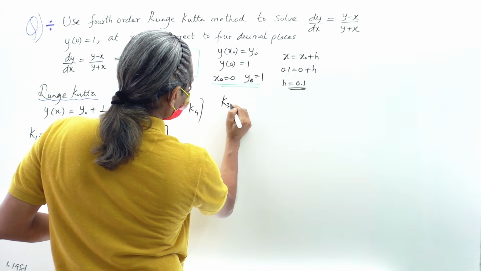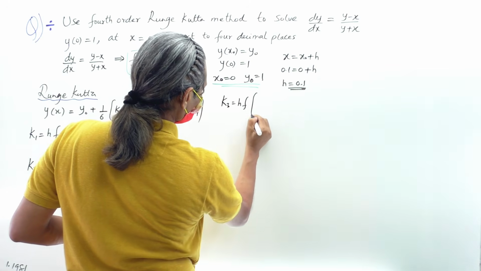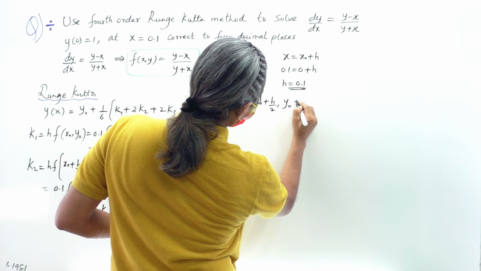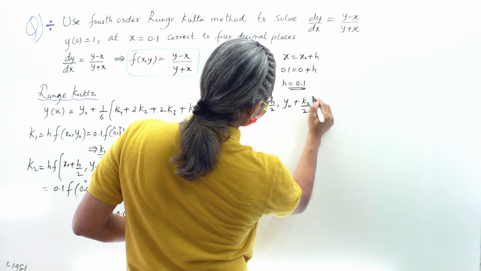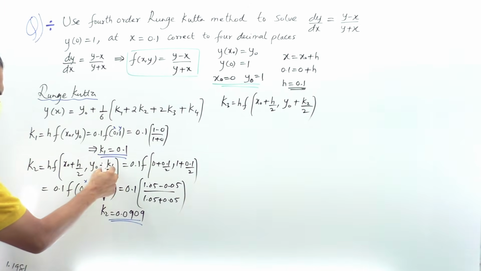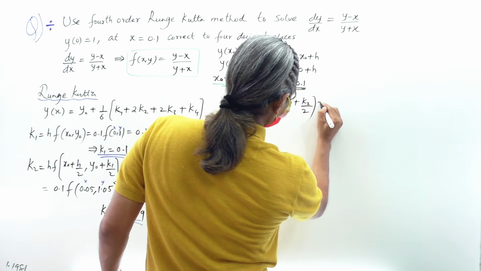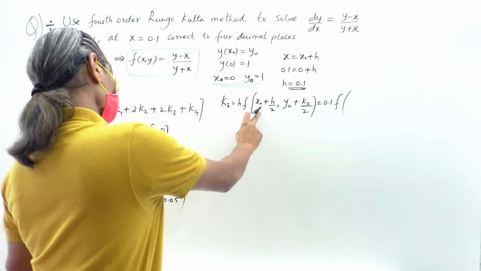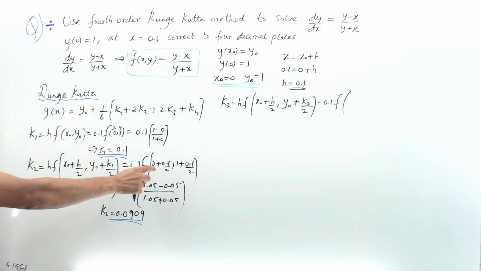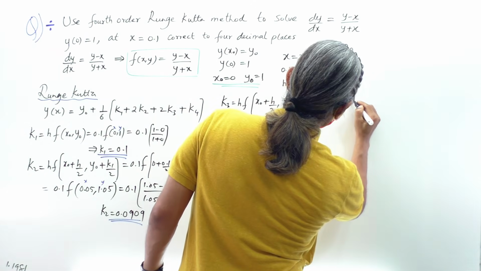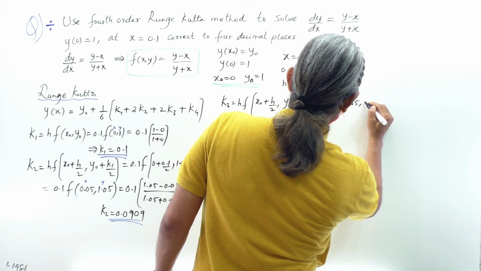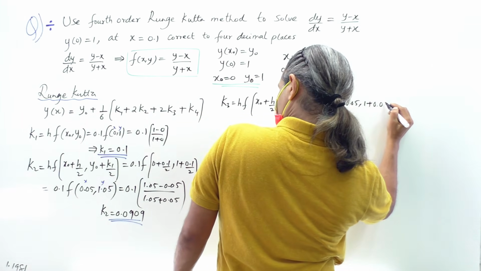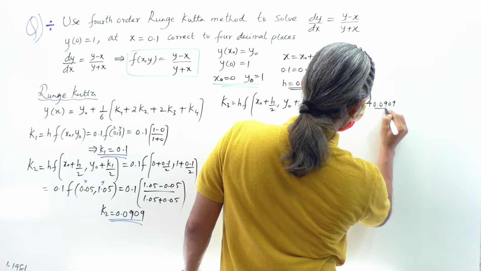K3 will be equal to h f of x naught plus h over 2 comma y naught plus k2 over 2. Now it is k2 by 2. This will again be 0.1 into f of, it is the very same thing. So 0 plus 0.1 by 2, it will be 0.05 comma, this will be 1 plus 0.0909 over 2.